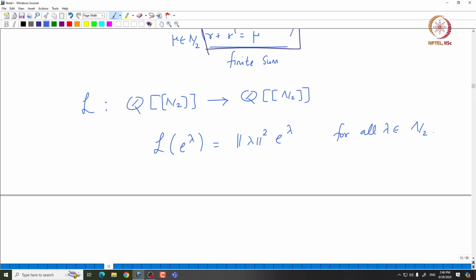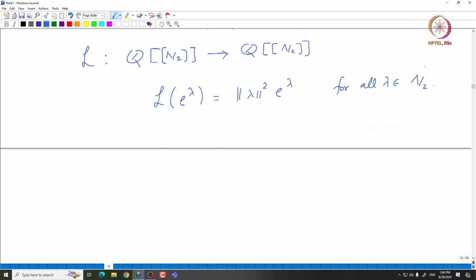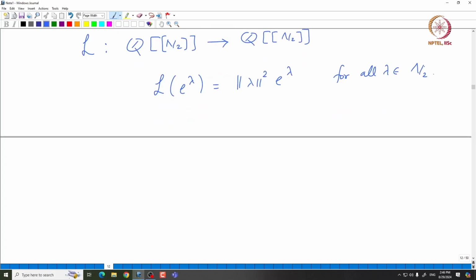So, we do not need to really worry about these operators. Now, let us actually take this operator and then restrict to, for example, antisymmetric elements, and there we want to make some observations. What we are going to do is take this operator and restrict to this Q bracket lambda. There we do not have any issue.